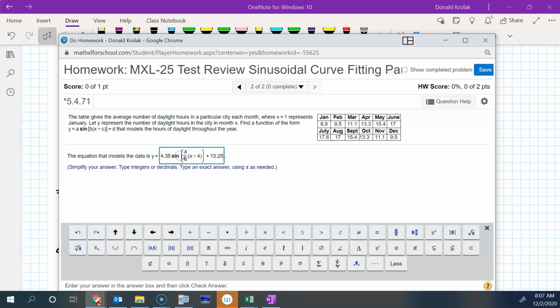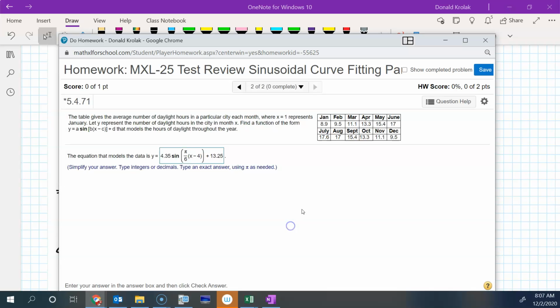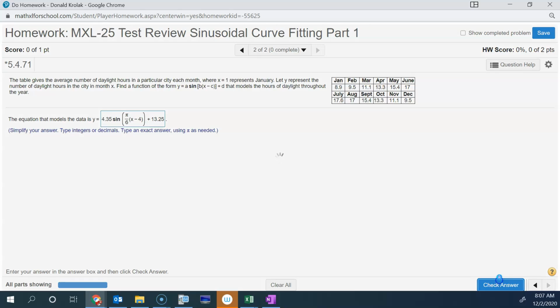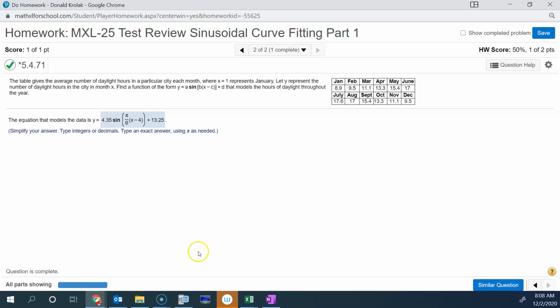I don't know if there's a difference between using the brackets and the parentheses. There shouldn't be, but okay, and there's our solution.